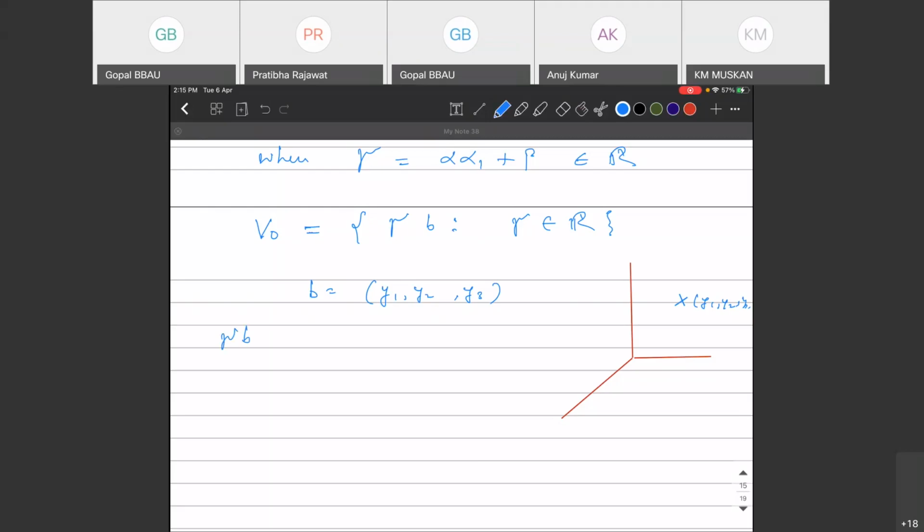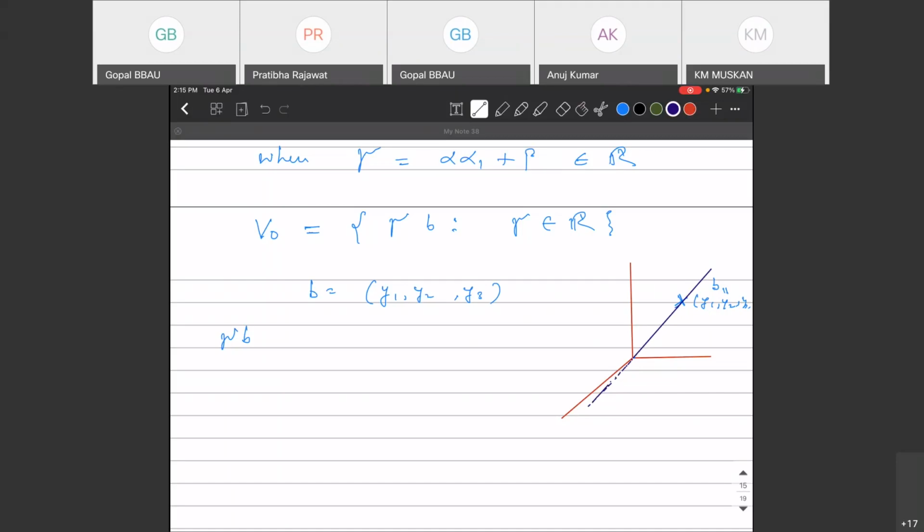So gamma B will be a line which passes through the origin and this B. Sorry, let me write it again. This is B equal to (y1, y2, y3). This is the point B. So this V naught will be this line which passes through the origin, and it would be like this. Correct?